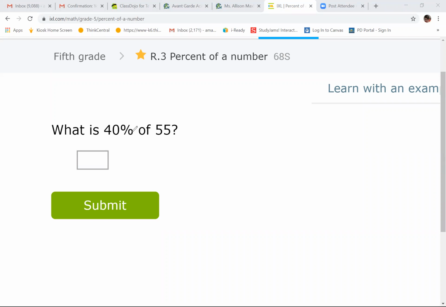All right, what is 40% of 55? You have 2 strategies. Strategy 1 is to find 40/100ths times 55. I'm going to put the 1 because I'm going to begin with the end in mind.